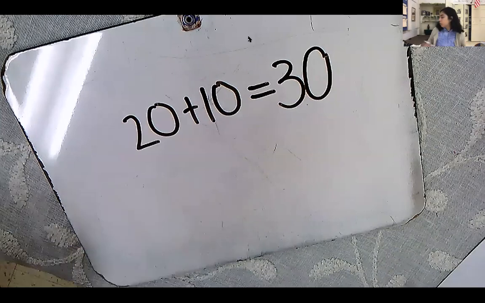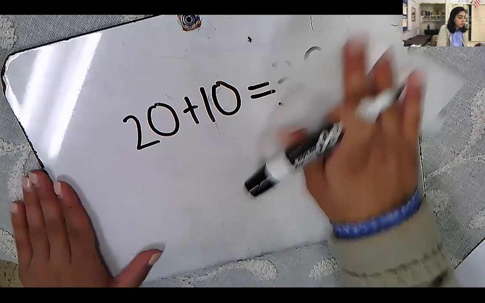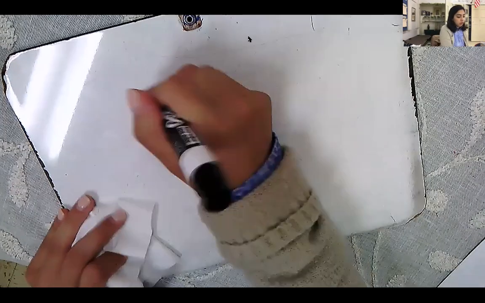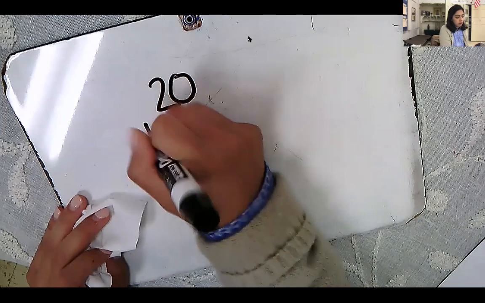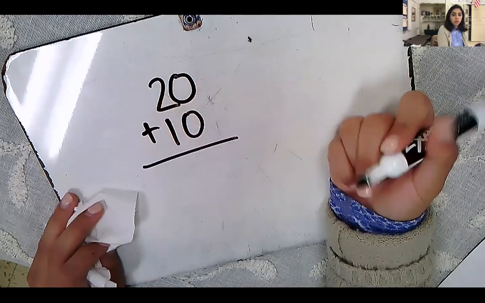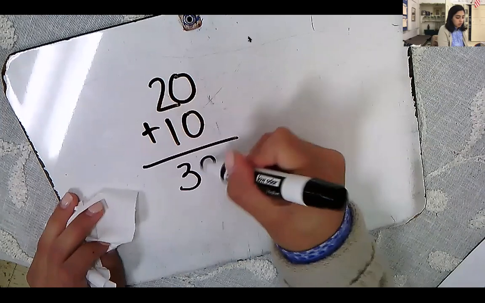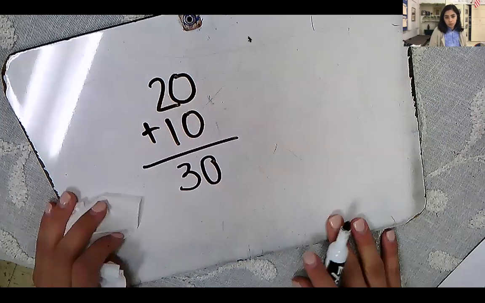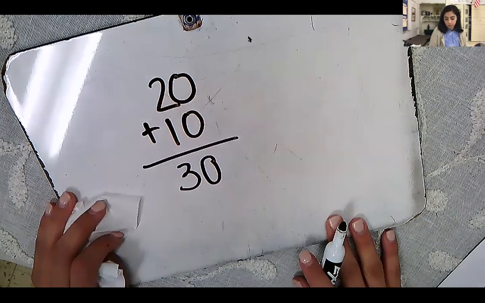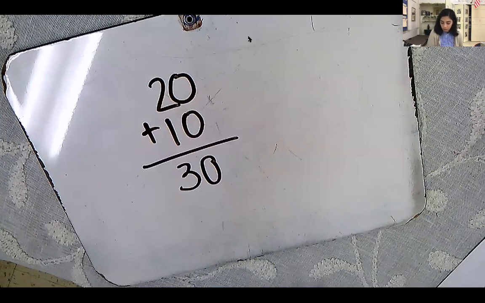Or we can also write it like this. 20 plus 10 equals 30, right? Yeah. Okay.